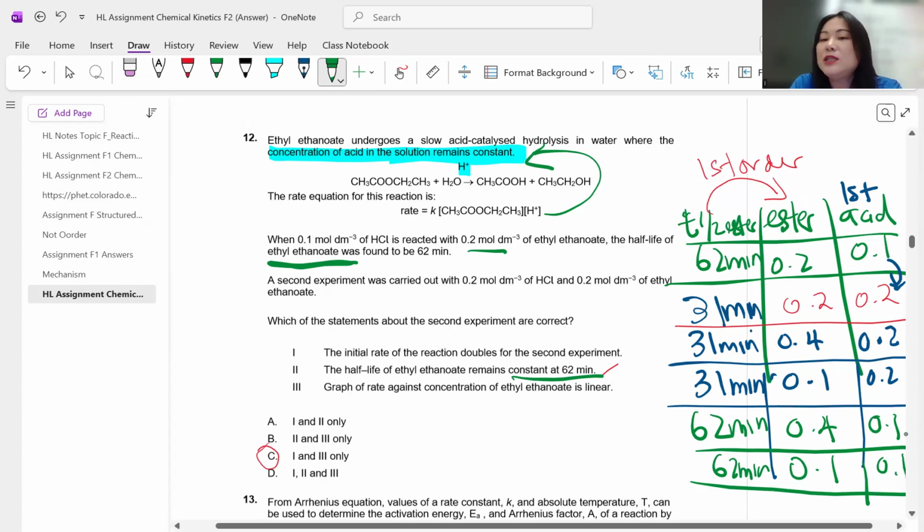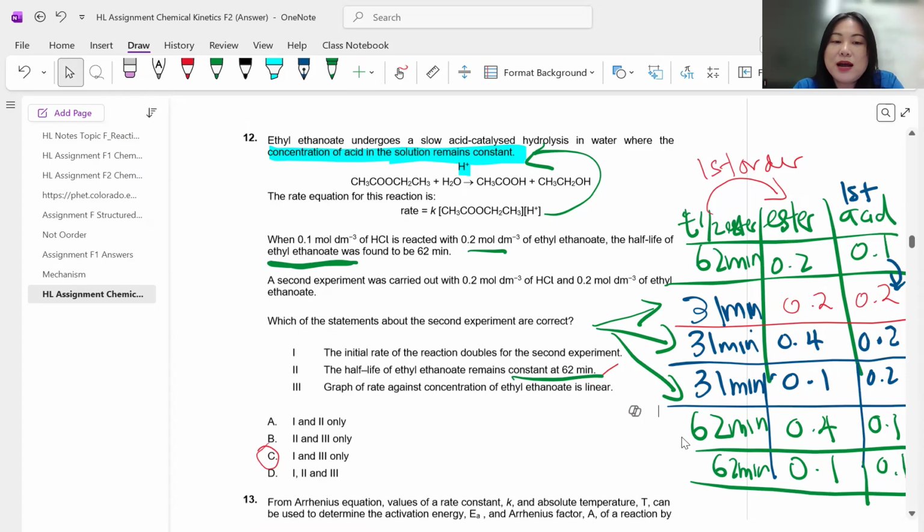But in this question, what happened was ester did not change, but acid was doubled. So the rate will be faster since it's first order with respect to acid. So the half-life should be shorter. So for this set of experiment, as long as you use 0.2 as an acid, regardless of how you change ester, it will be 31 minutes. Constant half-life for ester, 31 minutes, as long as acid is constant.